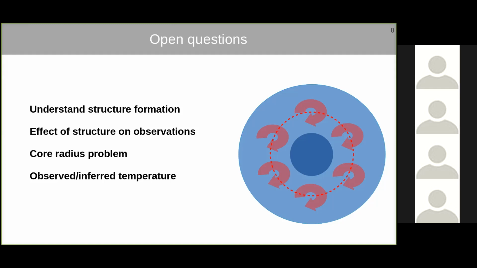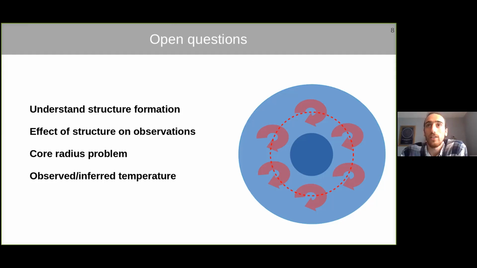If we understand that structure, we can start to understand how it affects the observations that we make in the construction of spectral lines in our spectra. And if we know this, we can understand the core radius problem better, and we can explain the difference between the observed and inferred temperatures of the Wolf-Rayet star as well.